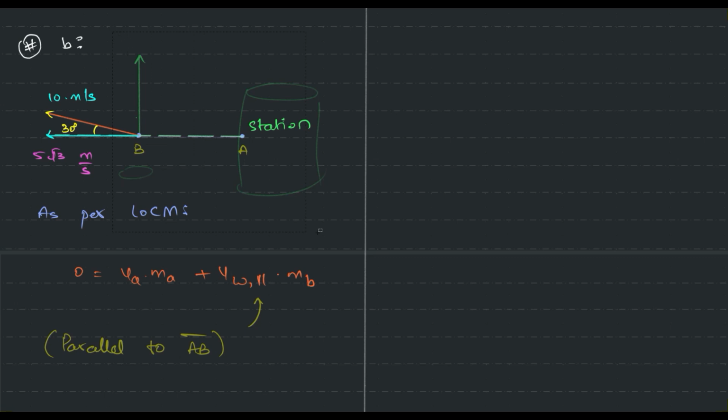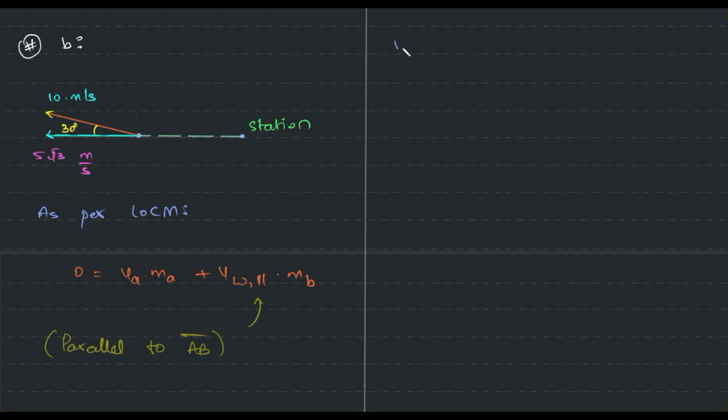So please understand that it is the parallel component that will contribute to her going to the right. The perpendicular component will give her an angle. Basically, she'll go this way. But this is the rate that we have to consider, because she has to go to the right. And now it's the same set of calculations and we are done.